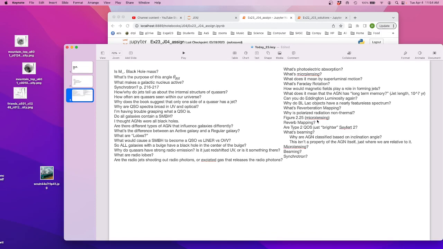So theta BH is how close do I need to see my galaxy to be able to see the effects of the black hole, the stars orbiting the black hole. So theta BH is the angular resolution necessary to separate stars around the black hole from the bulge.